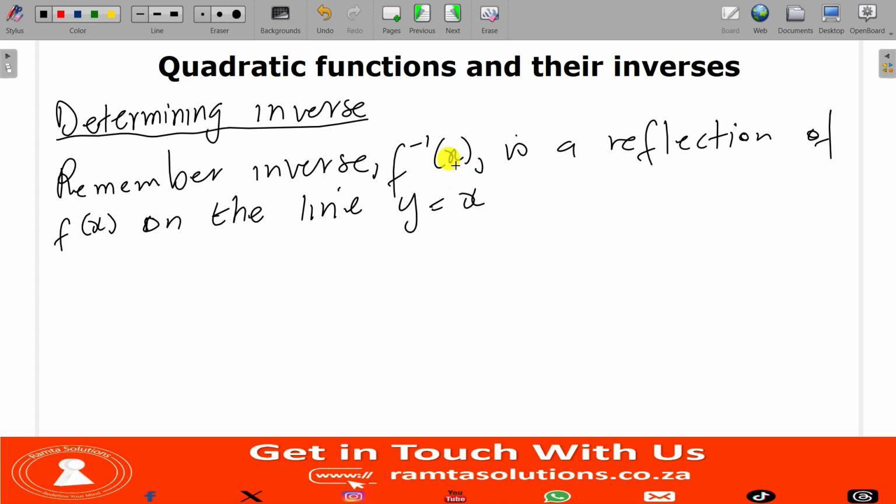What does it mean? It means what was y now becomes x. What was x becomes y.